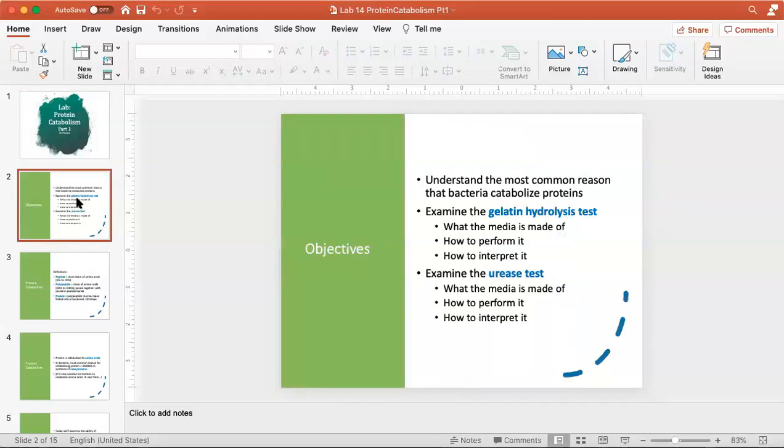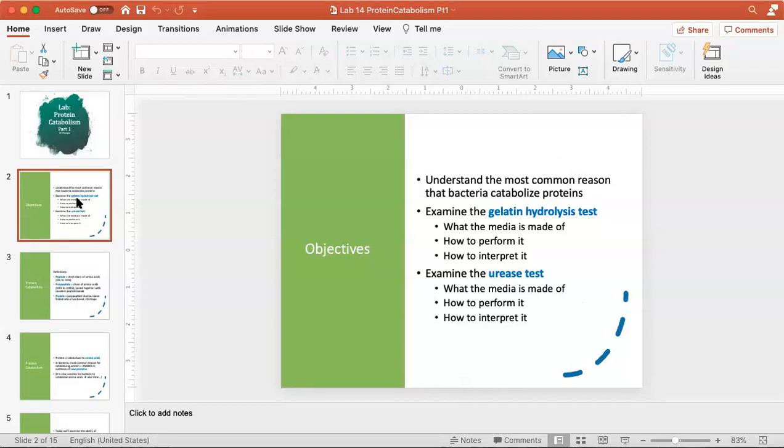Our objectives for this lab are to understand the most common reasons that bacteria catabolize protein. Remember, when we use that word catabolize, that's a very general term that we apply to metabolic processes that break down molecules into their smaller component parts.